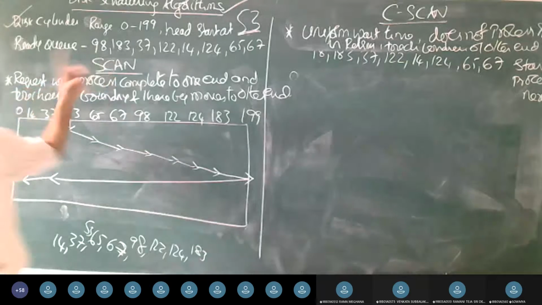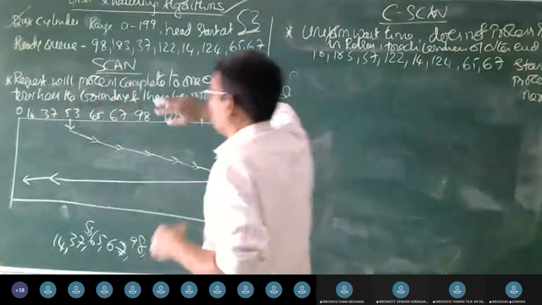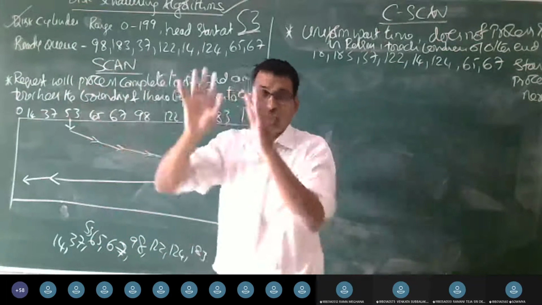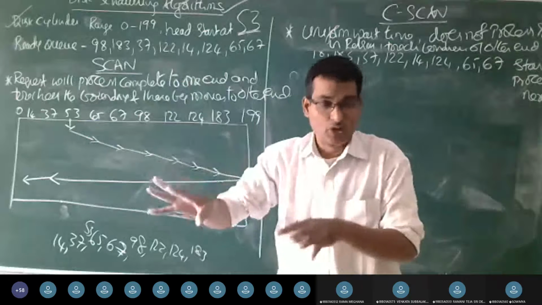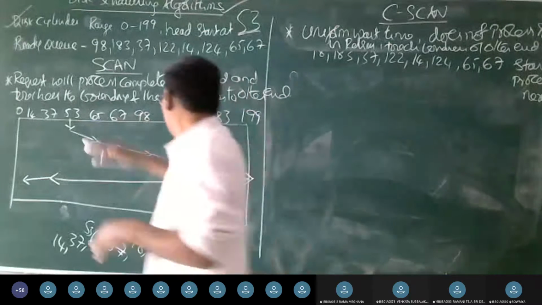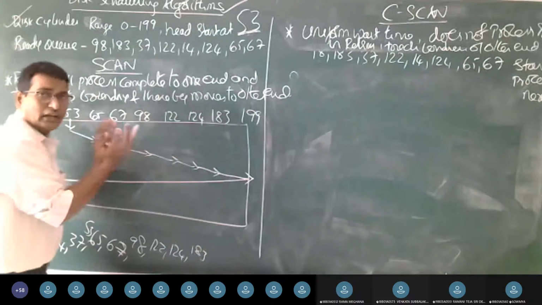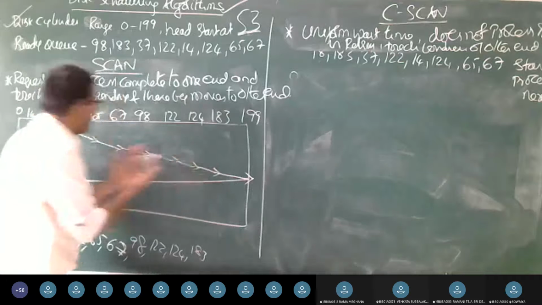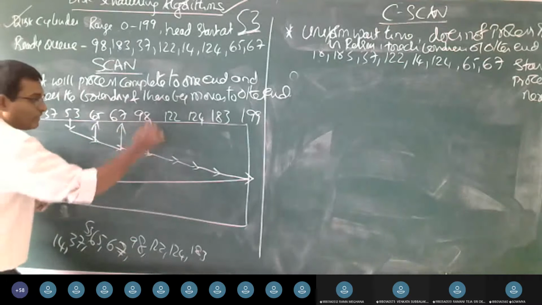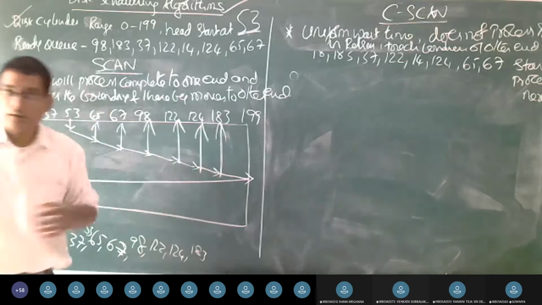Okay? Now what was the scan definition? The current position of the header was 53. Then it chooses one edge to process. It is choosing the right-hand edge, the upper side edge, and it processes all the cylinder requests that are there. What are the cylinder requests? It can be 65, 67, 98, 122, 124, 180.